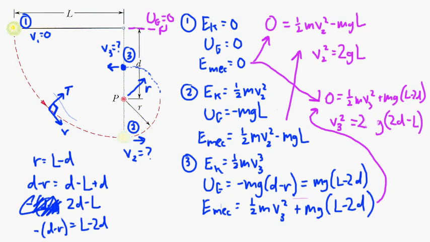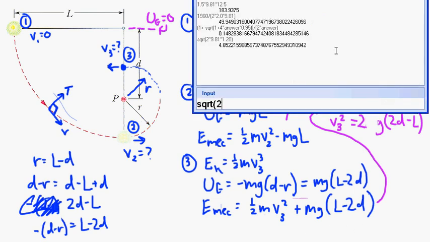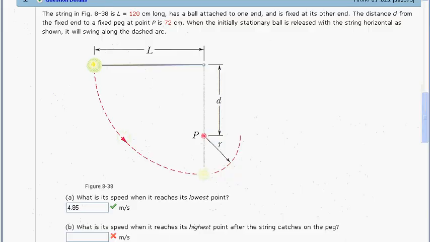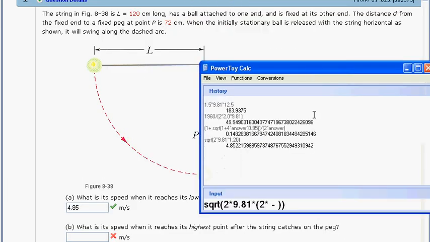Okay, so 2 times 9.81 times parentheses, and in here we're going to put our 2d minus L. So let's see what these are. d is 72 centimeters, so 0.72 meters, and L was 1.20 meters.